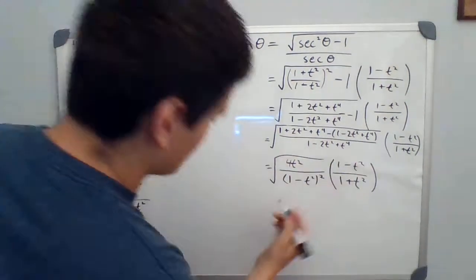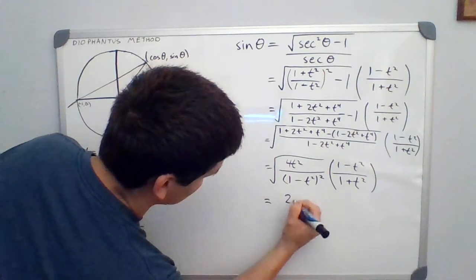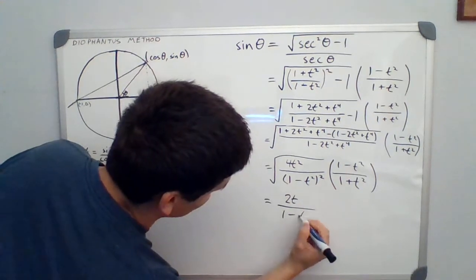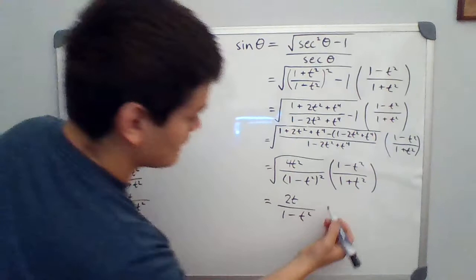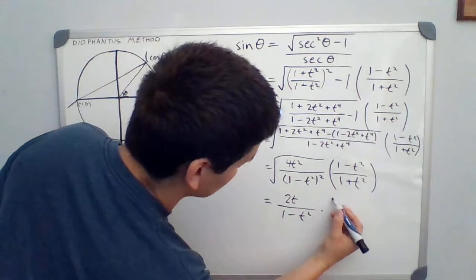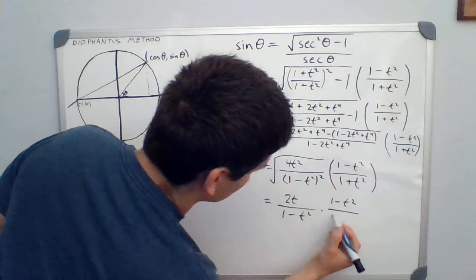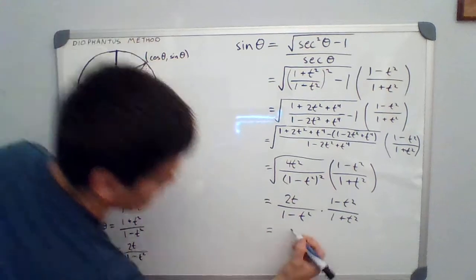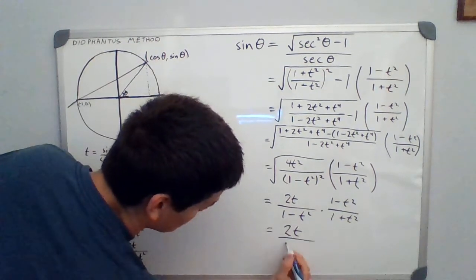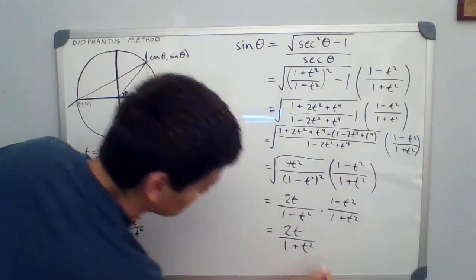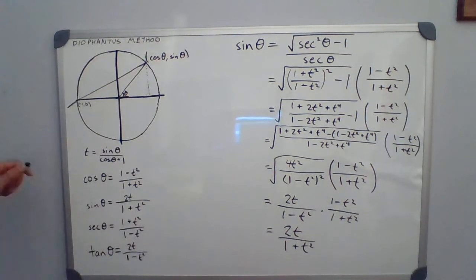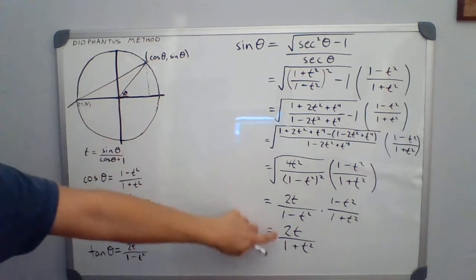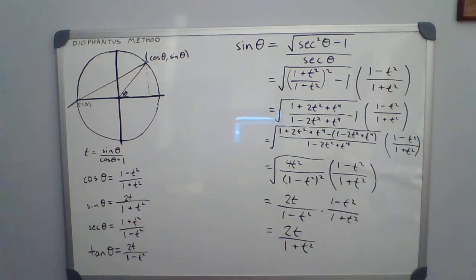We're going to take the square root of that, and we're going to end up having 2t there, and well, that's a square there, so it'll cancel. 1 minus t squared, and then we're going to be multiplying it by the fraction 1 minus t squared divided by 1 plus t squared. So those divide each other out, and I have 2t divided by 1 plus t squared. Okay, so that's exactly what we're looking for. So I've shown that we can use algebra to prove this identity there.